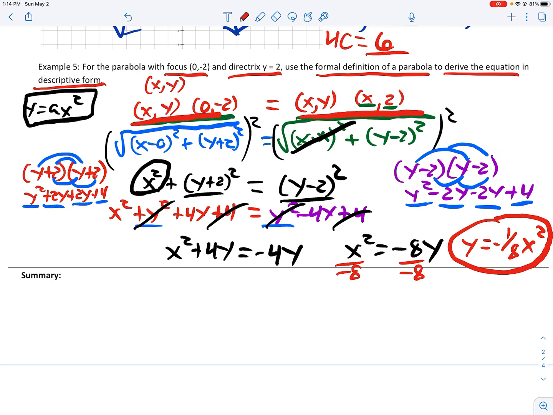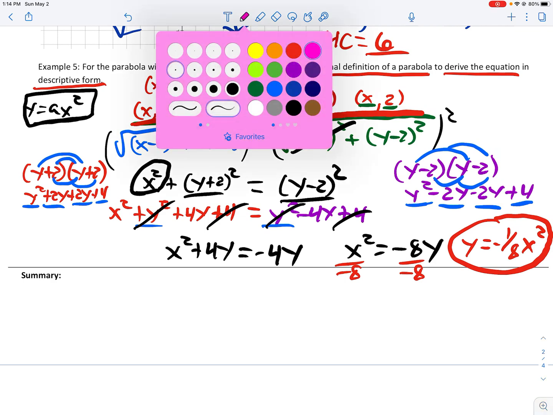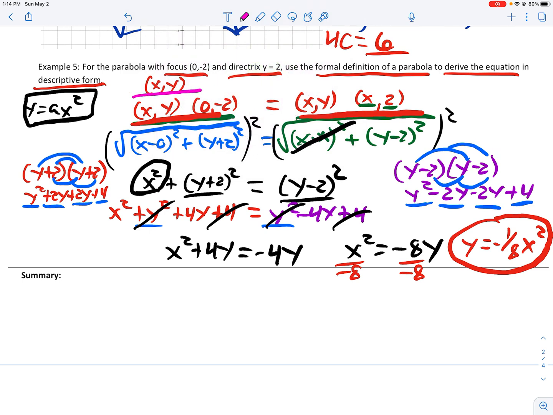So I was able to show the distance between some random point. Where did I get the random point? I don't know what it is. I'm just calling it xy because I don't know where it is. I don't know anything about it other than it's on the parabola. The distance from that point to the focus, they gave me the focus in the question, is the same distance between that same random point on the parabola and the point on the directrix.